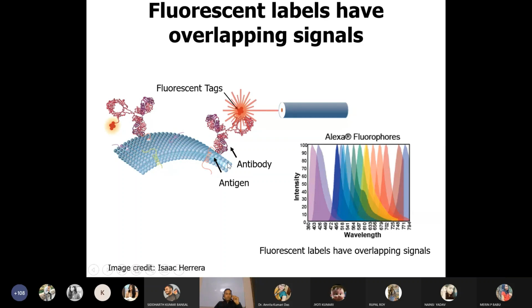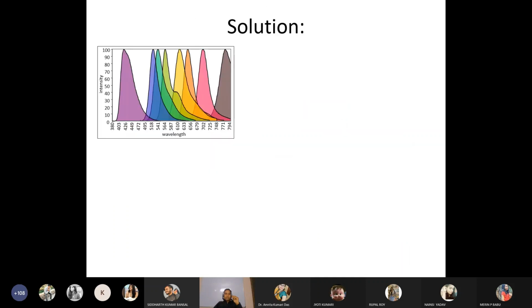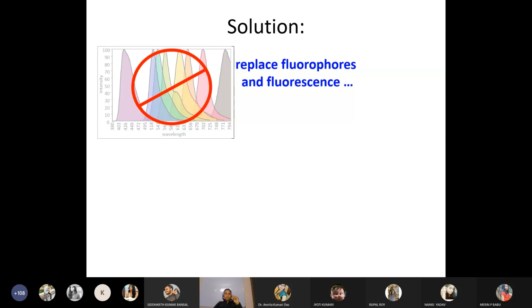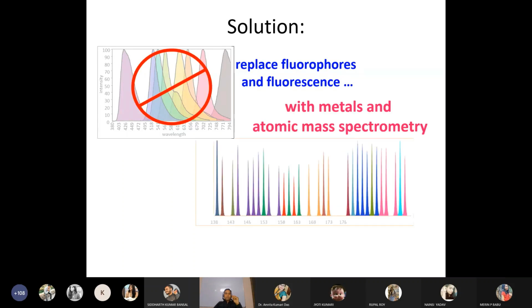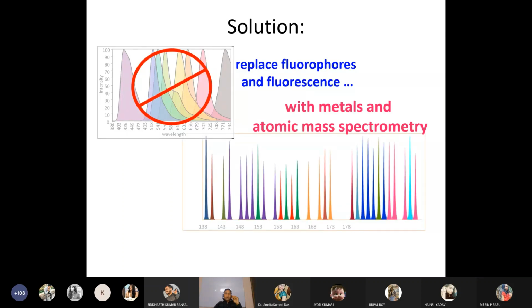Let there be so many fluorophores. The problem is still the overlap. Then what is the solution? Replace the fluorophores with metals and do atomic mass spectrometry, that is, imaging mass cytometry.